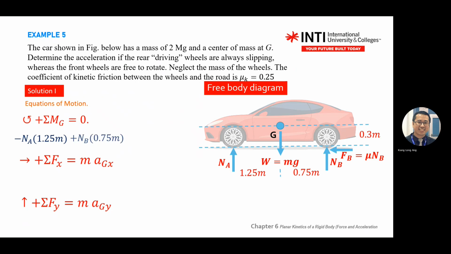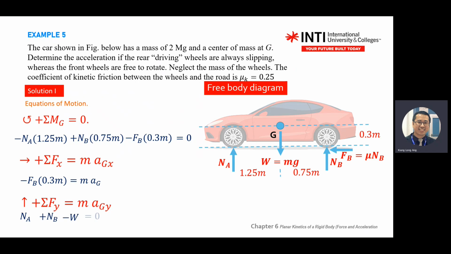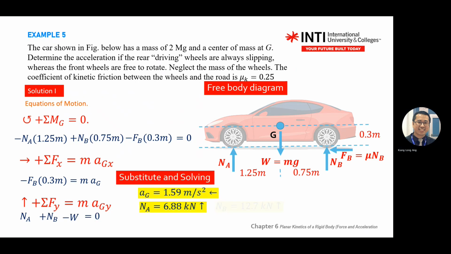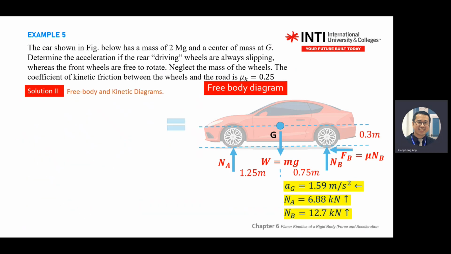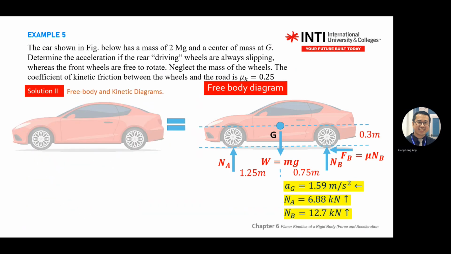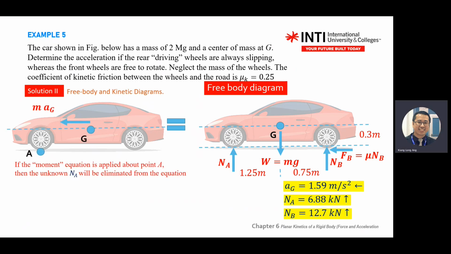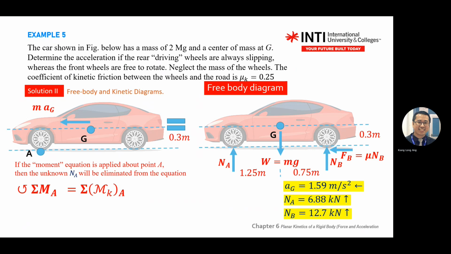Put in there, and then you put in there. You solve for the unknown. This is method number 1. Method number 2, you use the moment equation, the G, MA, and you use the moment equation.